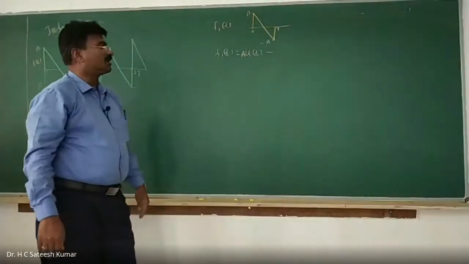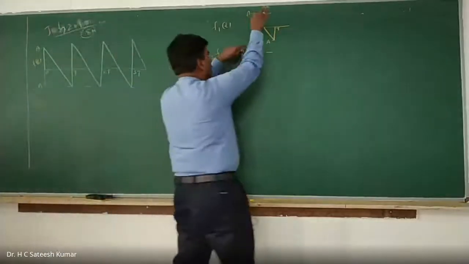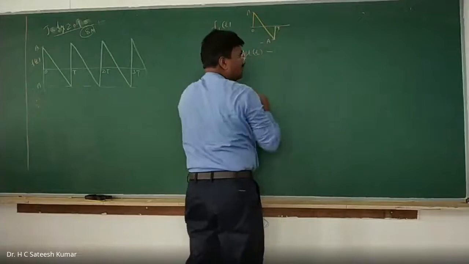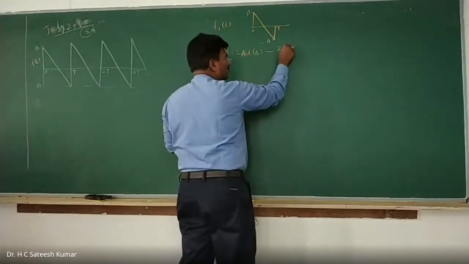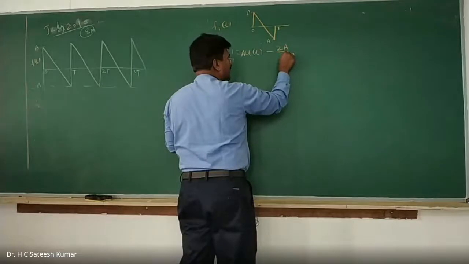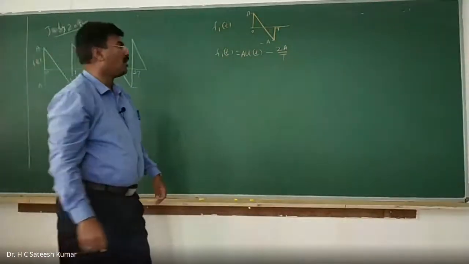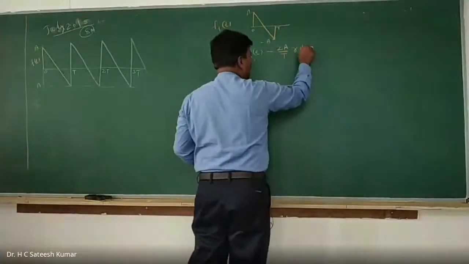If you are coming down as a ramp with a slope of what? Slope is height, y by x. Y is 2a divided by t. So, since it is decreasing, minus 2a divided by t is the slope. Since it is decreasing, it is negative. R of t, starting from 0 only.